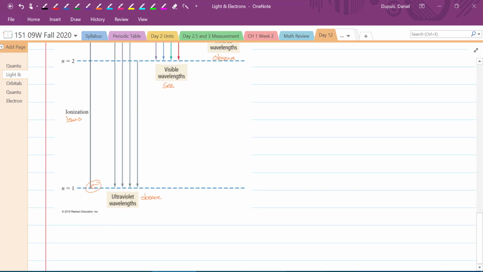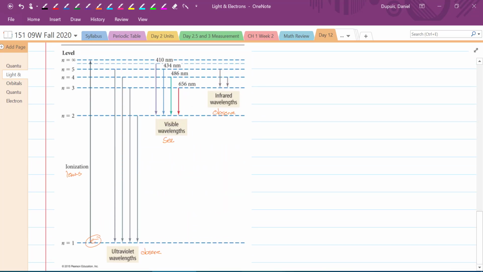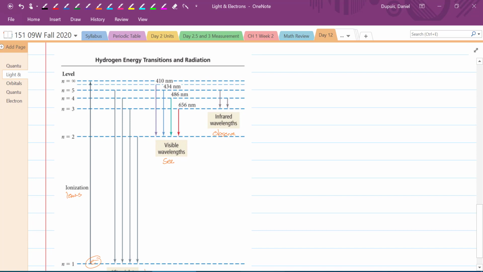And so for the hydrogen atom, what we know is that E equals hc over lambda. Energy is equal to constants, some numbers, over the color.